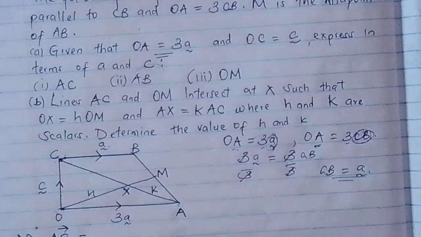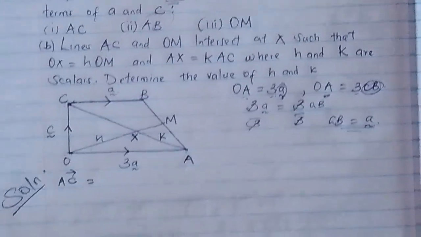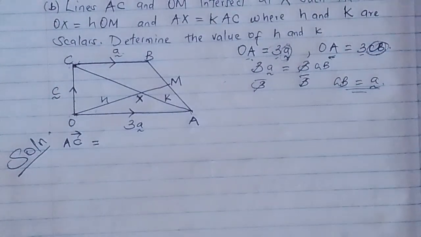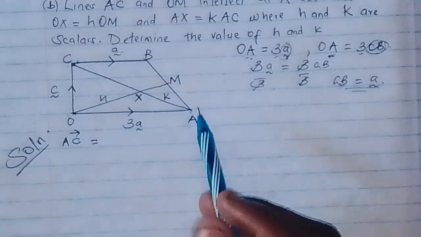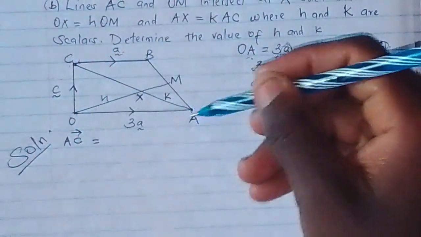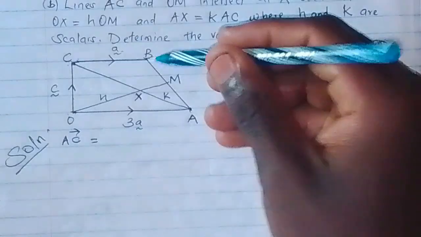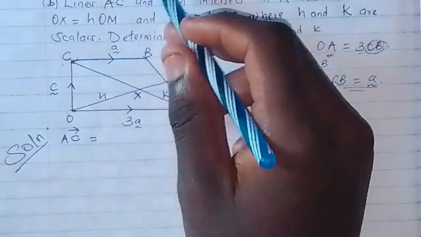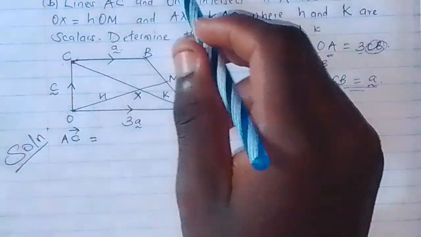Moving from A to C, we can use route AB then BC, but we do not have AB since we are also looking for it in the question.